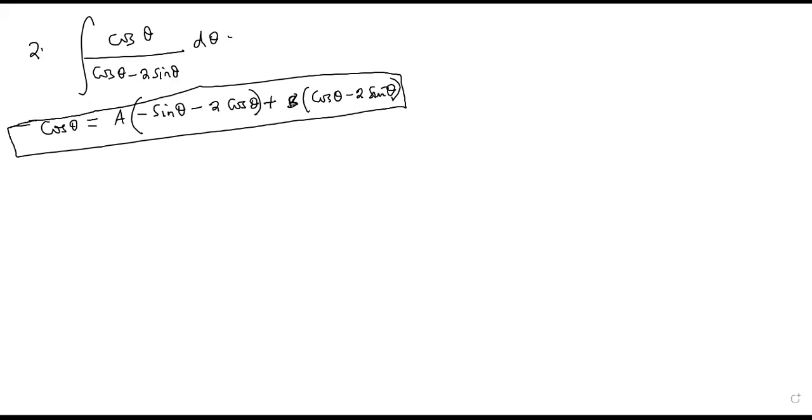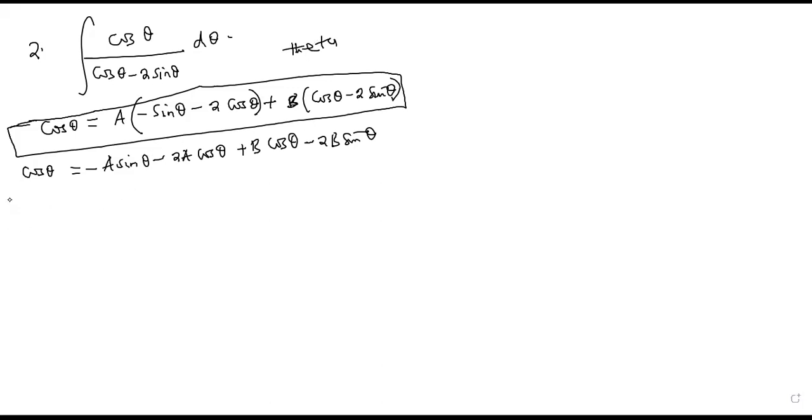So now this is going to be cos theta. You're going to expand so that you factorize out. So our cos theta is going to be negative a sine theta minus 2a cos theta plus b cos theta minus twice b sine theta.